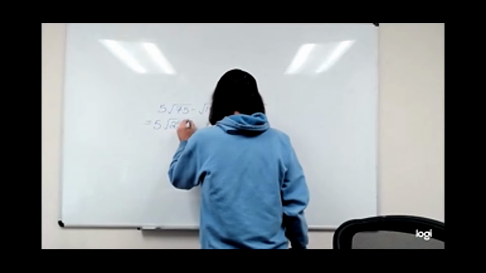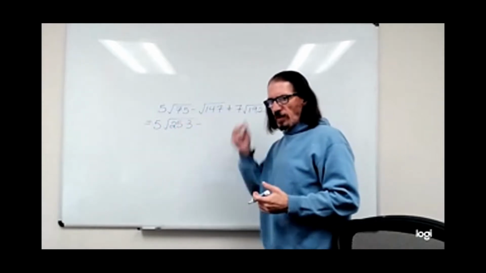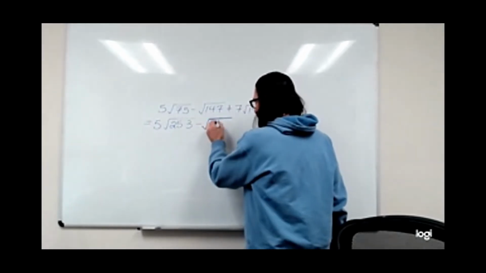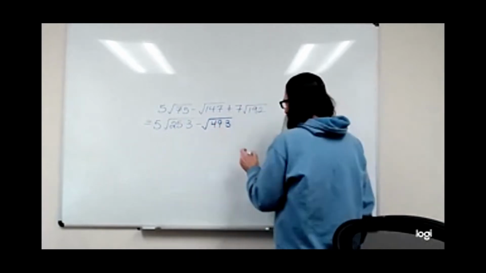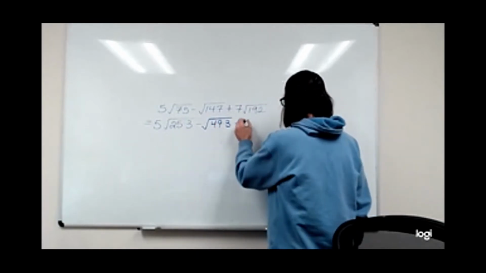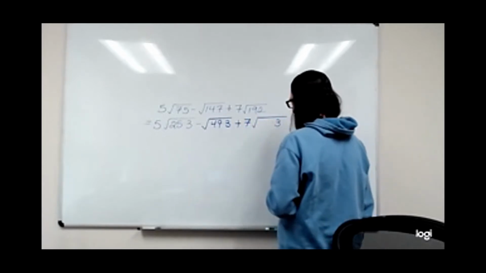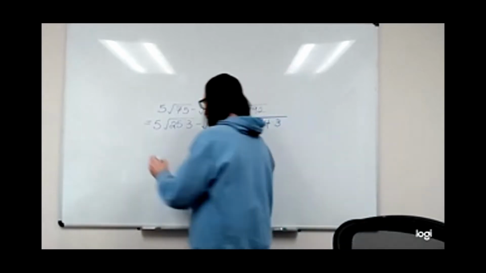What I would hope is that these others are also some perfect square times 3. I can't guarantee that, but in this case, 49 times 3 is 147. 49 is a perfect square. And 192, 3 does go into that as well. It goes in, let's see here, 64 times. And 64 is a perfect square.